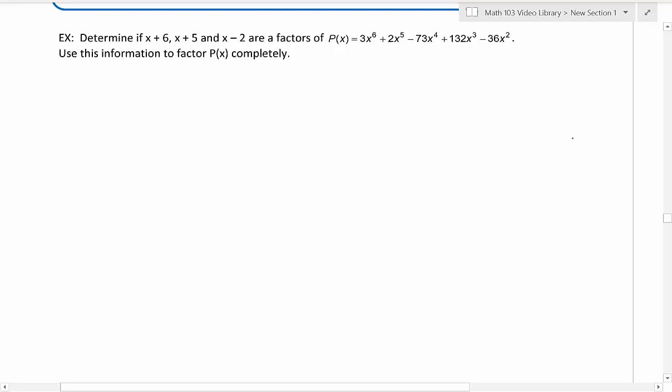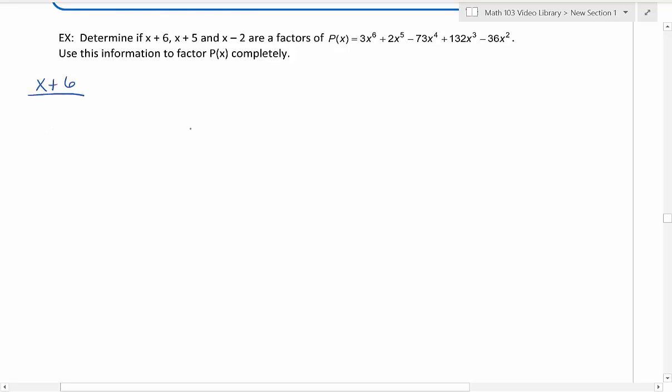Since we're supposed to factor p of x completely, that's our end goal, I'm going to use synthetic division for testing remainders because I'm going to have to factor eventually anyways, and division accomplishes the factoring for me. So let's start by checking x plus 6.